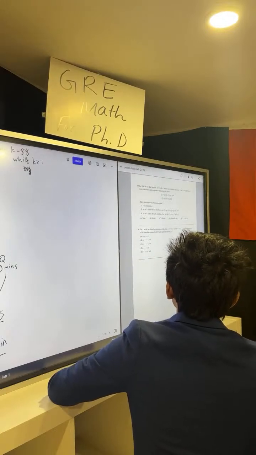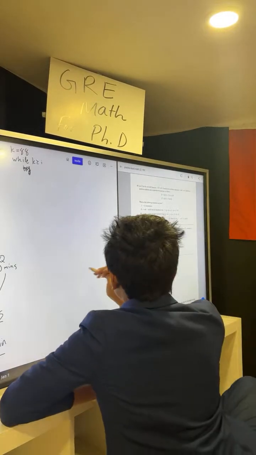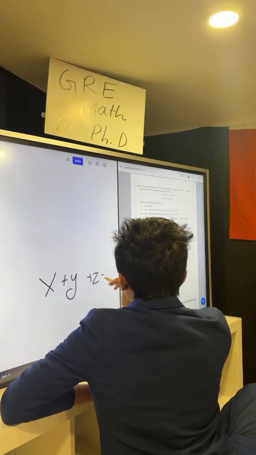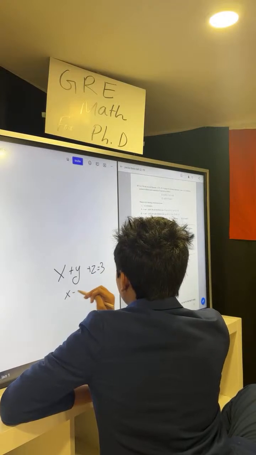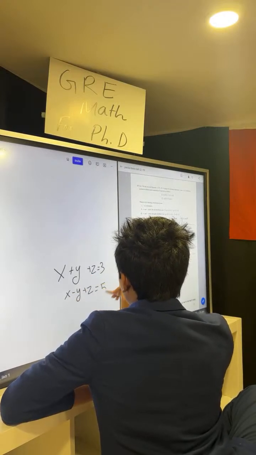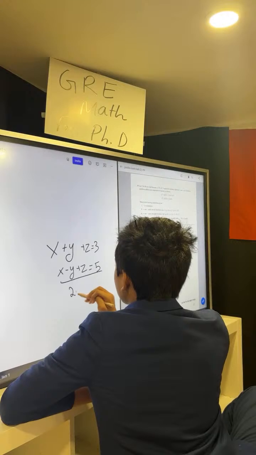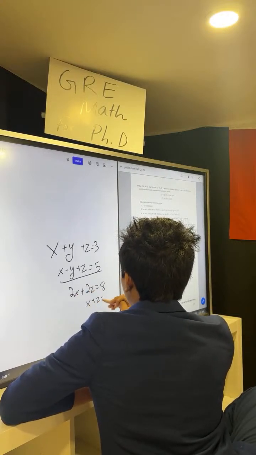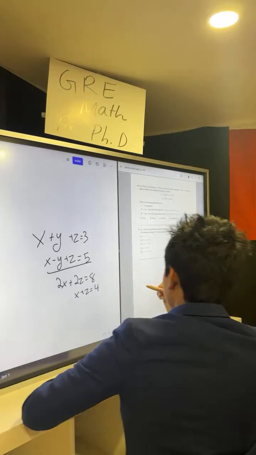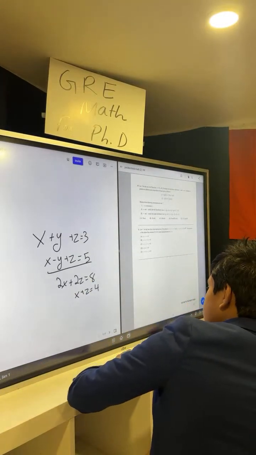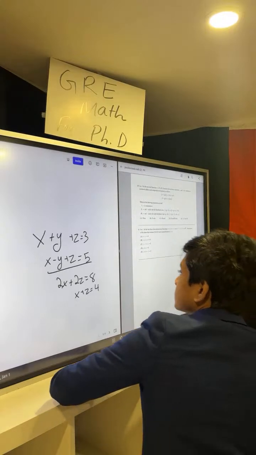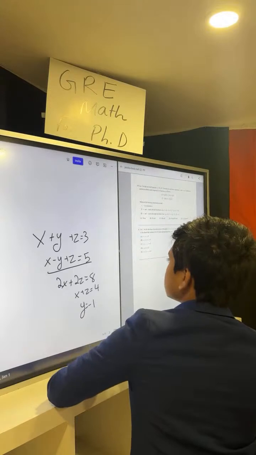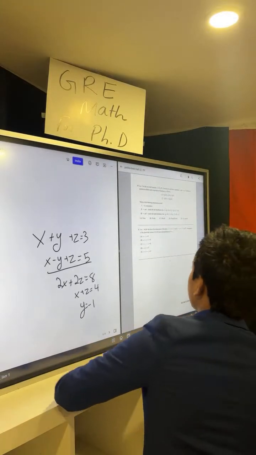X minus y plus z is 5. X plus z is 4. And that means that y is equal to -1.